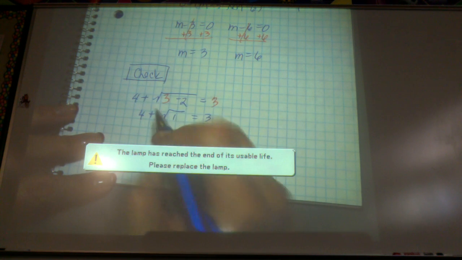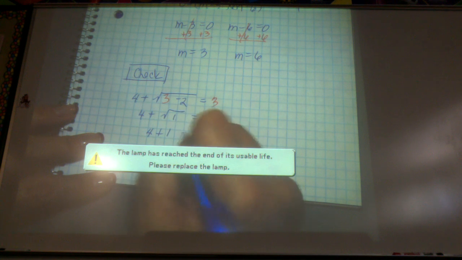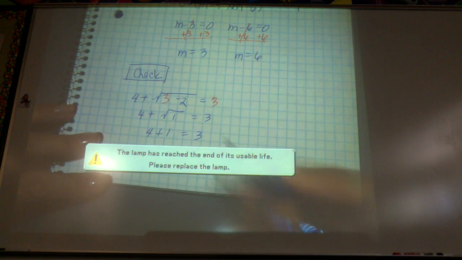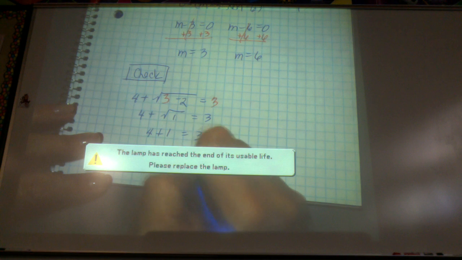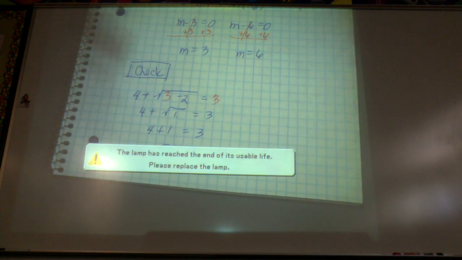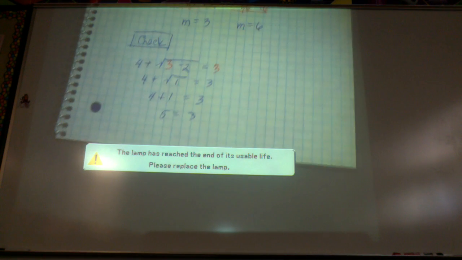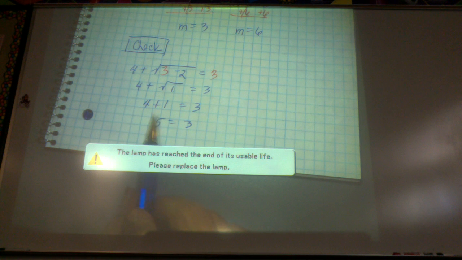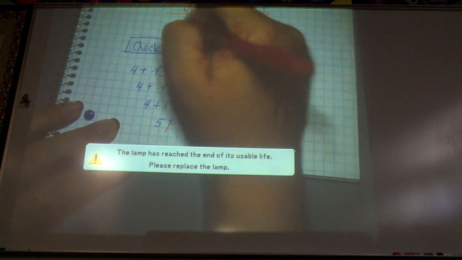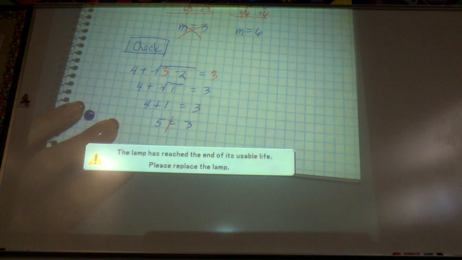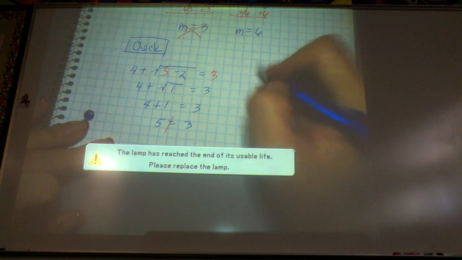Square root of 1 is 1. 4 plus 1 is 5. 5 equals 3. Is that true or false? If that had been a negative, it would have worked out, but it's not, so that doesn't equal, so we're going to throw that out. It's extraneous.